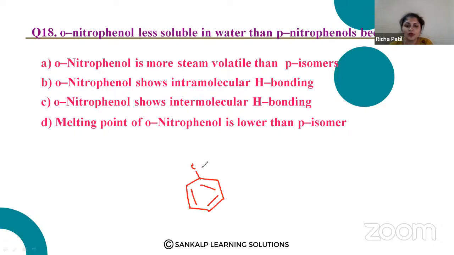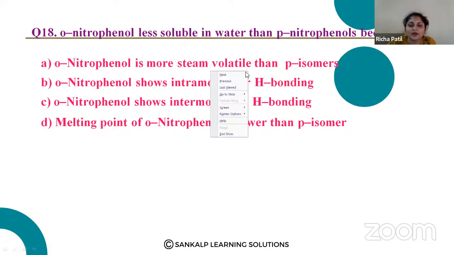This is O, H. This is the nitro group, double bond O. So this is intra. Intra means within the molecule. Within the molecule, there is hydrogen bonding. So this is the correct answer. Ortho-nitrophenol shows intramolecular hydrogen bonding, and because of this reason, it is less soluble in water than para-nitrophenol.